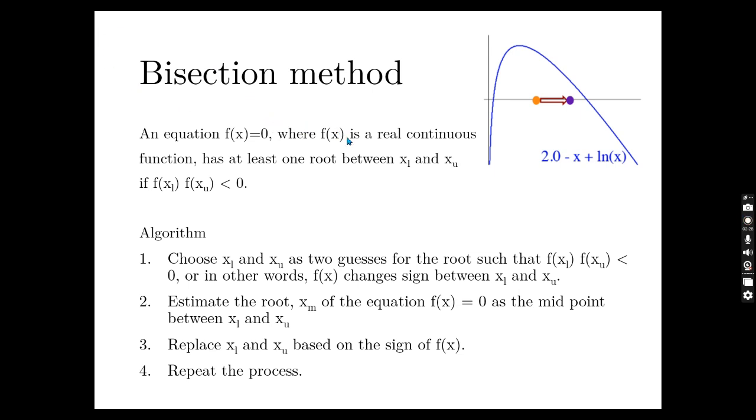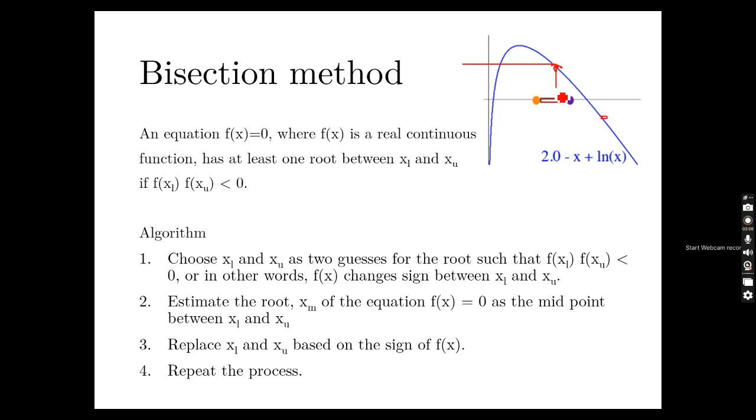So this theorem is simple: if we take 2 points across the curve, xl and xu, and we evaluate the function at those 2 points, and take the multiplication of those two function values, if their product is negative, that means there is a root of that function between xl and xu. Suppose I take these 2 points, xu and xl.